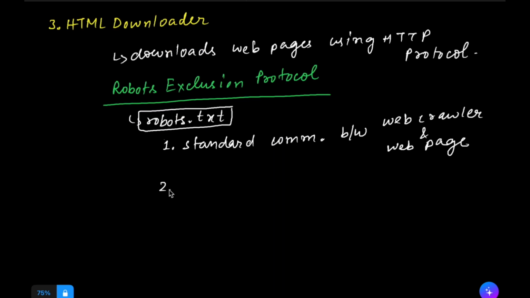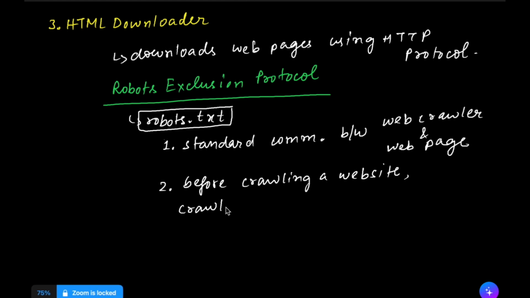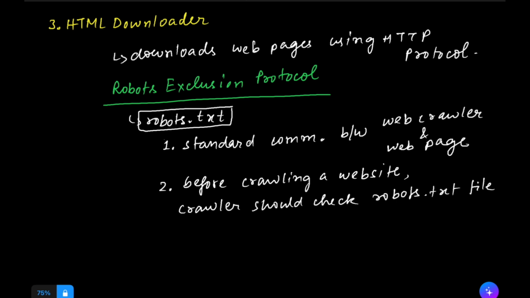And how do we actually use its entries? Before crawling a website, the crawler should check this robots.txt file and follow the rules.